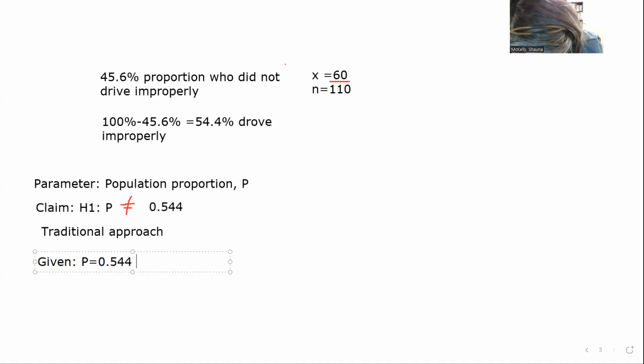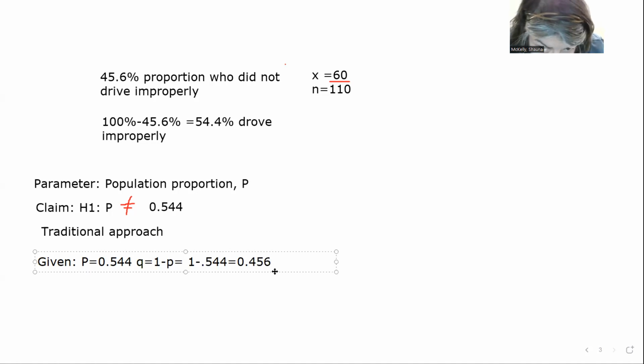Your Q here is 1 minus P, which is 0.456. So this is equal to 1 minus 0.544, and that's equal to 0.456, which is ironically what they gave you in the problem. They gave you the complement, 0.456.